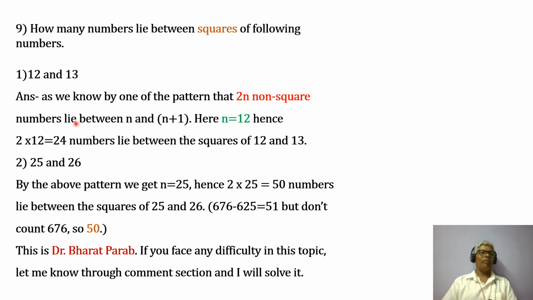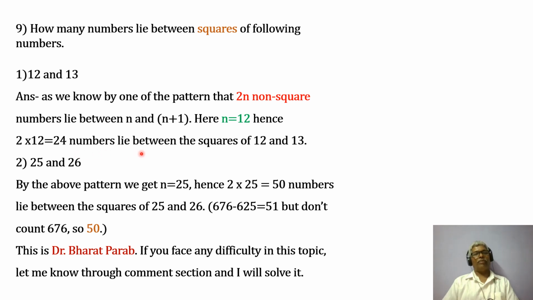You can go back and check that video where we have derived this. Okay, if you consider two numbers n and n plus 1, then between the squares of these there are 2n non-square numbers. In this case n is equal to 12, hence 2 into 12 is 24.